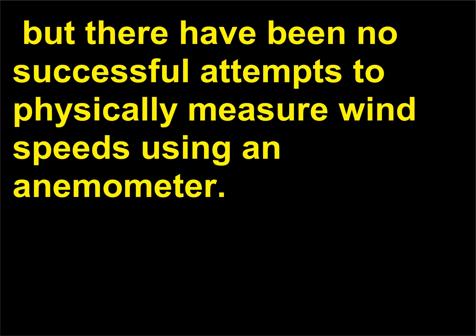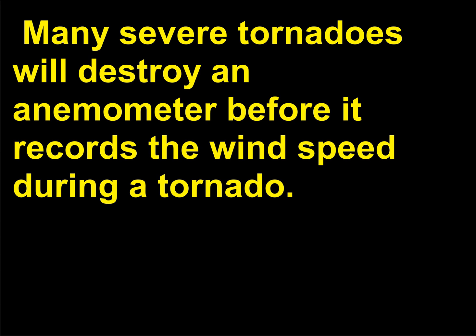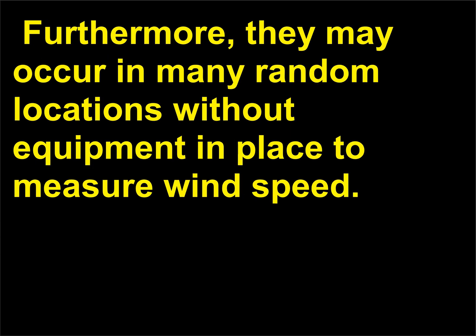But there have been no successful attempts to physically measure wind speeds using an anemometer. Many severe tornadoes will destroy an anemometer before it records the wind speed during a tornado. Furthermore, they may occur in many random locations without equipment in place to measure wind speed.